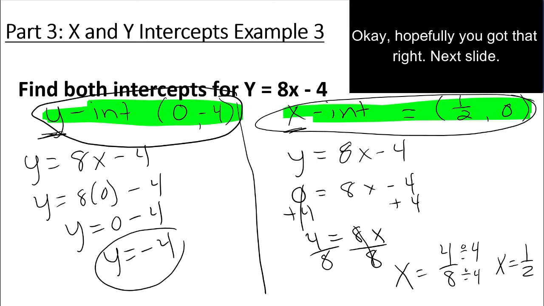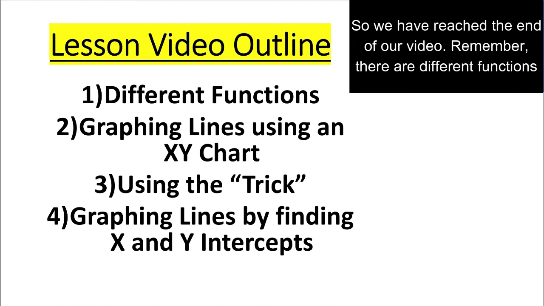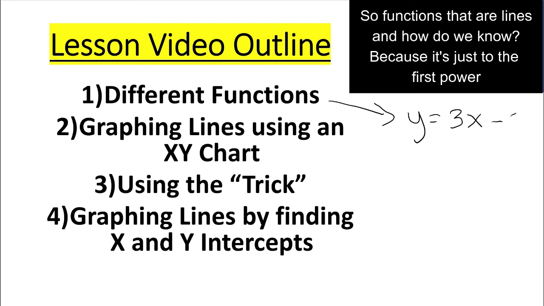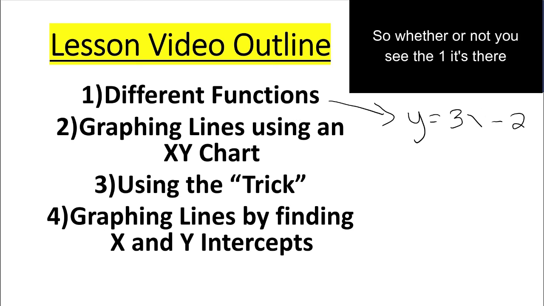Okay, hopefully you got that right. Next slide. So we've reached the end of our video. Remember, there are different functions. What we are concerned about for this lesson are linear functions, so functions that are lines, and how do we know? Because it's just to the first power. Whether or not you see the 1, it's there.